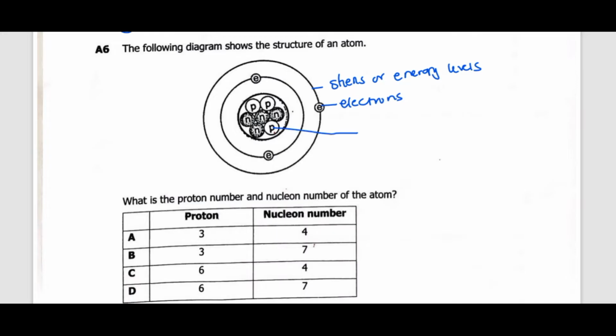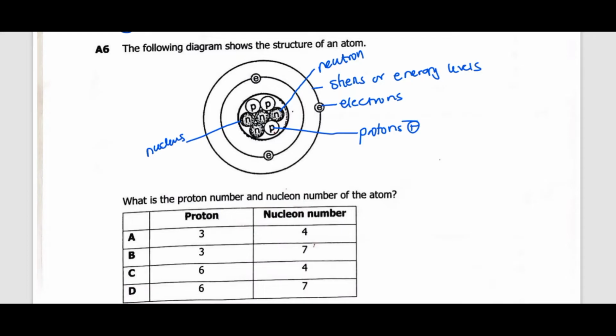Then these subatomic particles with P, these are protons. Protons have a positive charge. Then these are neutrons. And we know that the protons and the neutrons are found on the nucleus of an atom. Now let's look at the question.